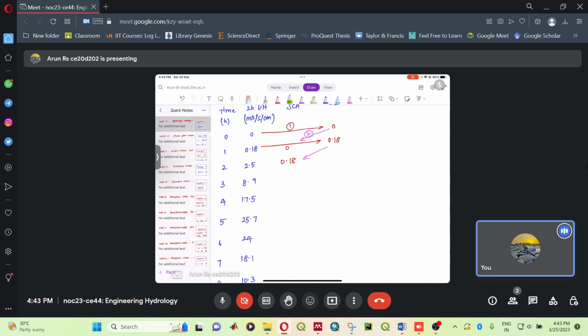Now we need to add both and then display it in the next column.